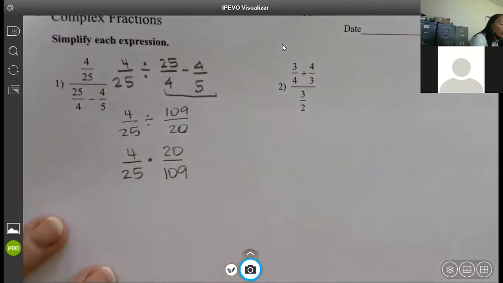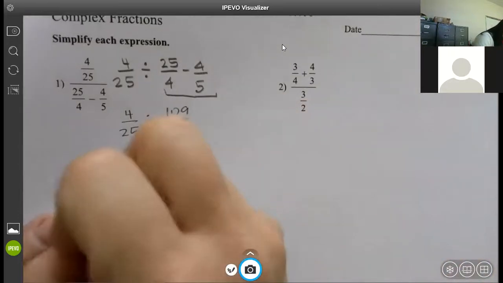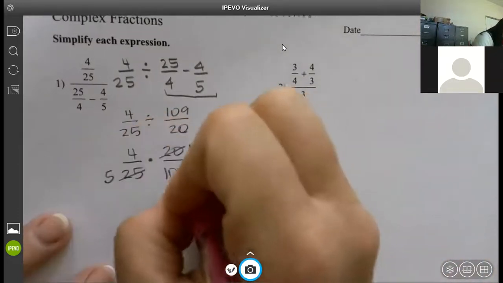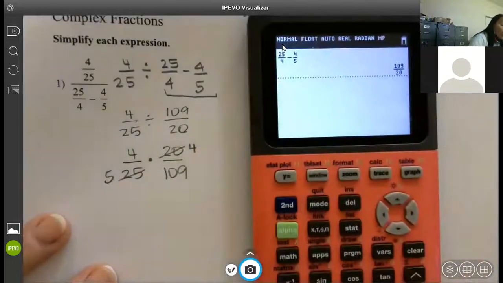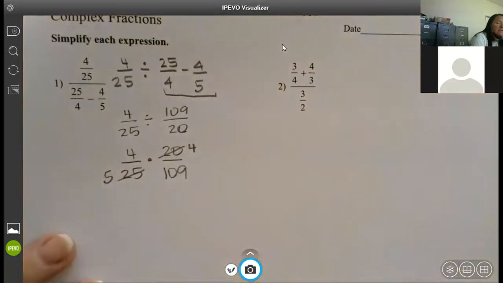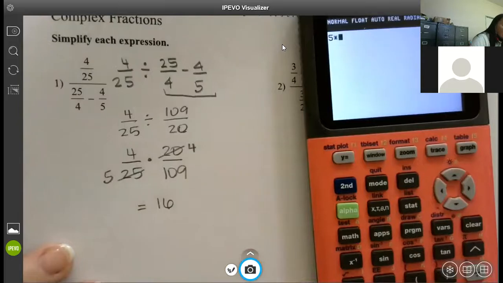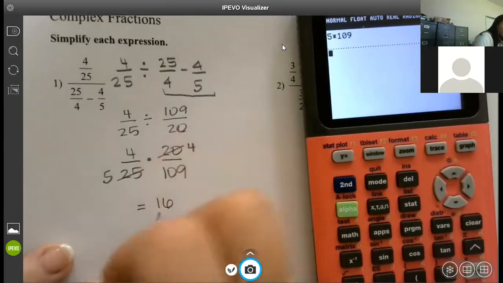When you get to this part, you want to simplify. 20 and 25 can be reduced by 5. 109, I don't know if it's reducible by 4. It's not, so that's as good as it's going to get. So then we multiply straight across. 4 times 4 is 16. And 5 times 109 is 545.